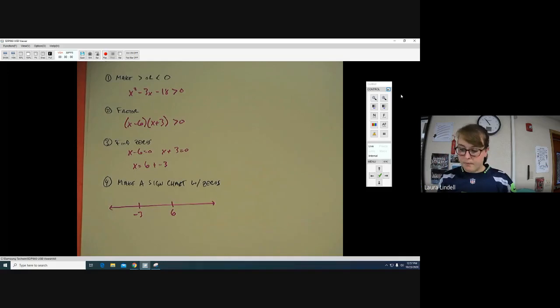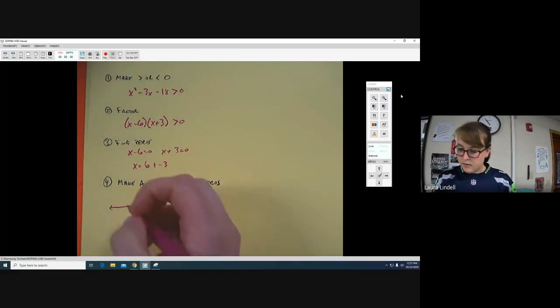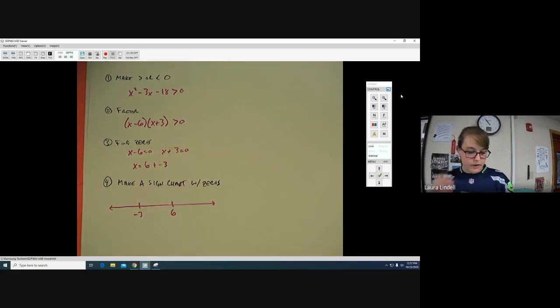Usually you want to pick numbers that will work nicely. If you can pick 1 or 0, if those are in your range, then do that. If you can't, that's okay.